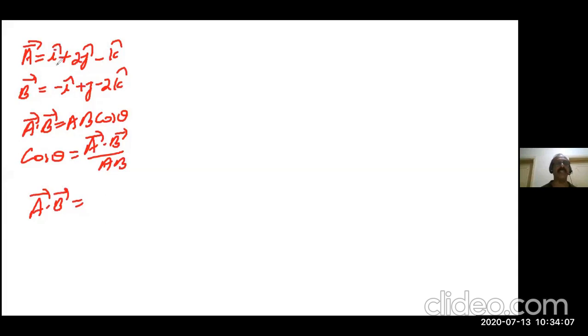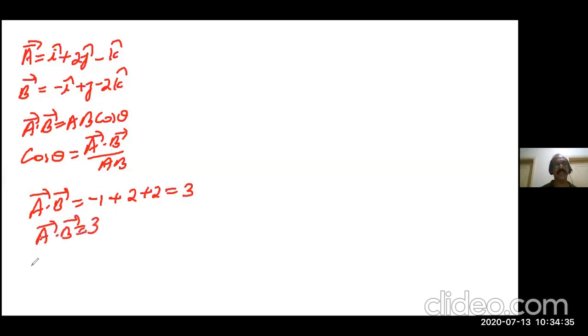I dot I, that means minus 1, plus 2, plus 2. Minus 1 plus 2 plus 2, so that will be 3. A dot B is equal to 3.